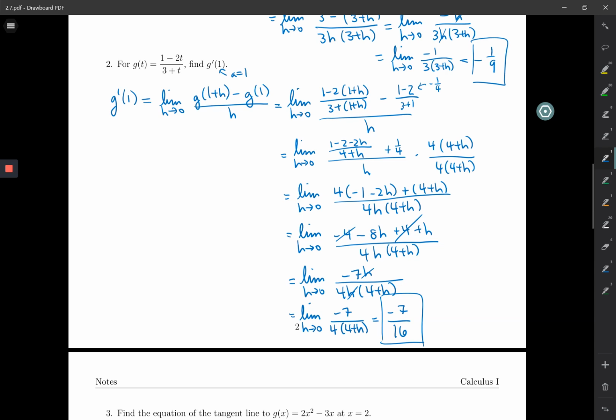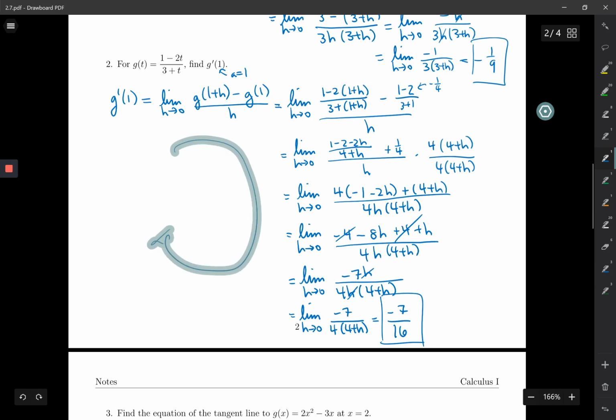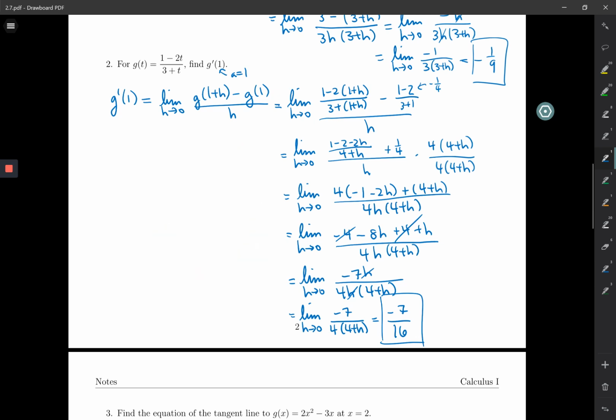And I do want to see equal signs between each of these, and your work should go clearly in a line, not maybe in a circle or something like that. So just make sure that everything stays nice and neat, and that will help me be able to read it.